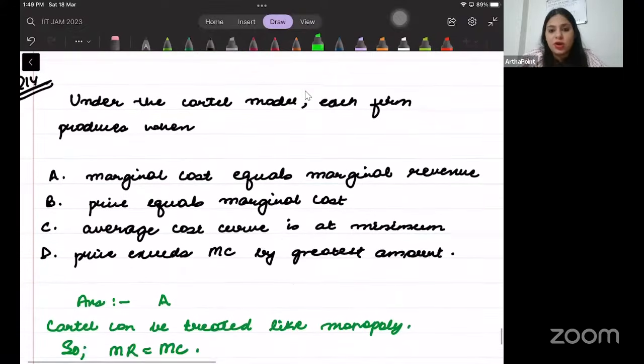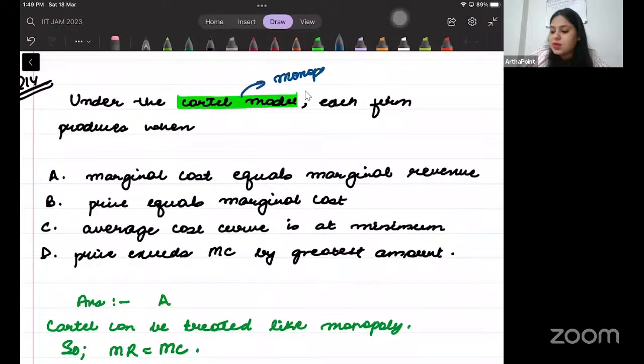Come to the next question. Under the cartel model, each firm produces when? Just think about this. When I talk about the cartel model, it is like talking about a monopoly, because cartels merge, collude to form a monopoly. So when I talk about monopoly, how do you find the equilibrium? When MR is equal to MC.